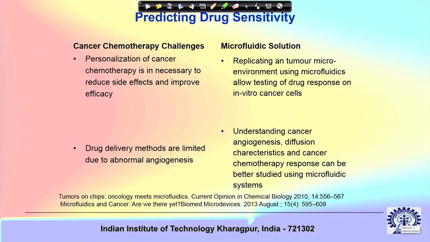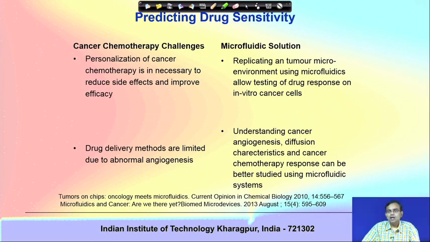So, very rapidly one can make the assessment of whether the drug which you are interested to apply on a patient will work or not, a particular chemotherapy drug for example.